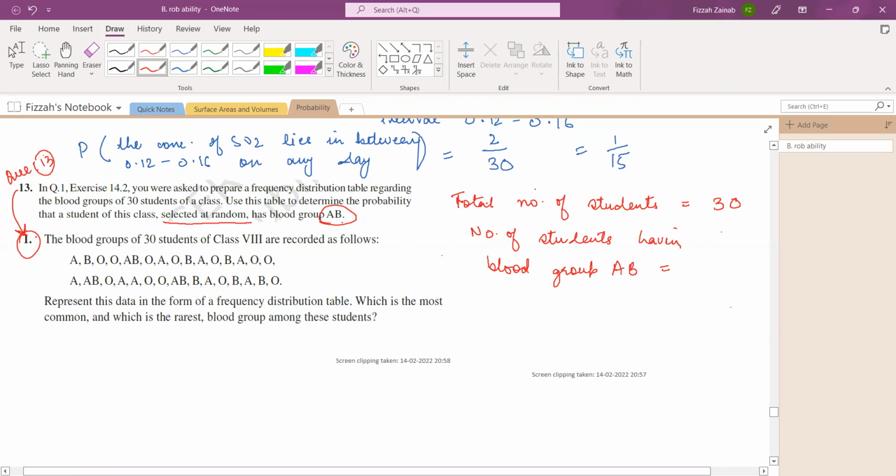You can create a frequency distribution table or you can just circle in the data itself. So one AB is here, another AB is here, then one more AB. Yes, only 3. So the probability becomes 3 by 30. You can reduce it to 1 by 10.